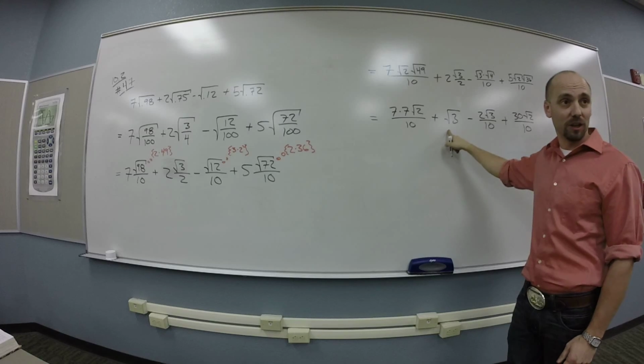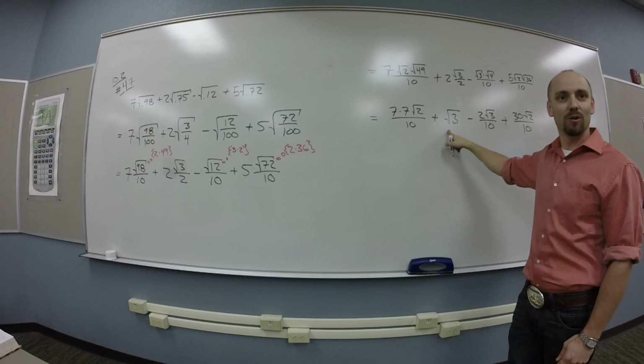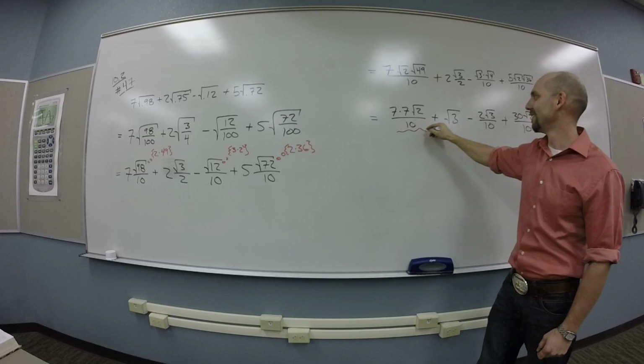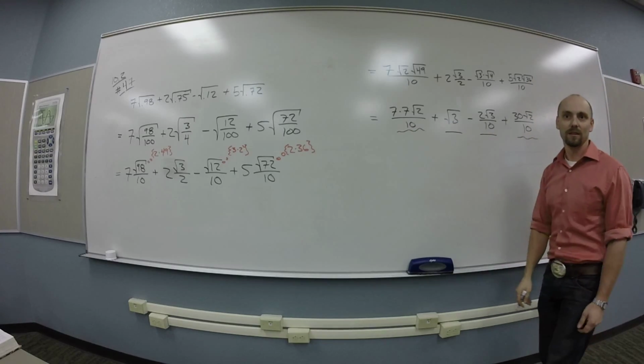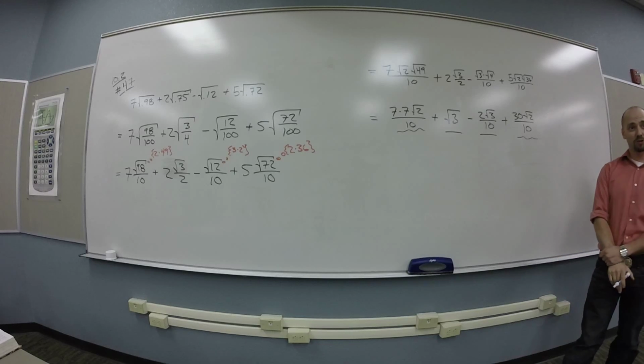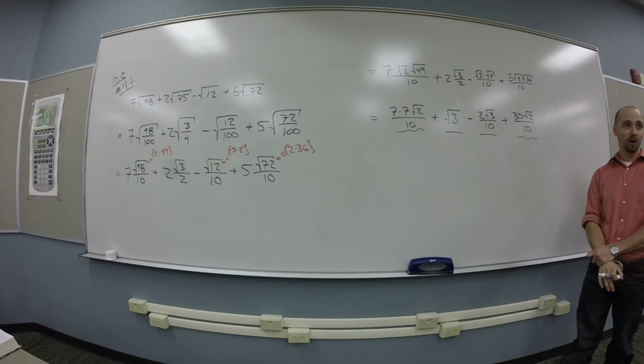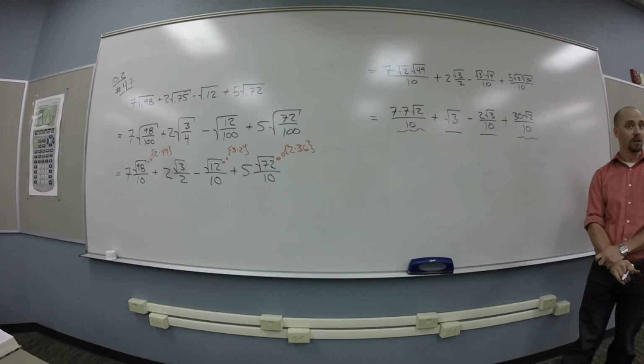So which of these are like terms? All of them. The 2 square root of 2's and the 2 root 3's. The ones with the square root of 2's can get combined, and the ones with the square root of 3's can get combined.